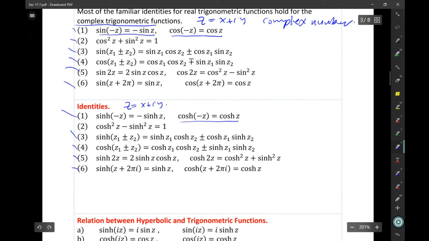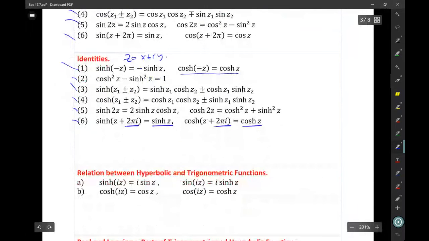All the others are the same. All these identities are the same for the hyperbolic functions, except here sinh of z plus 2 pi i is equal to sinh z, and cosh of z plus 2 pi i is equal to cosh z. This is periodic with period 2 pi i.